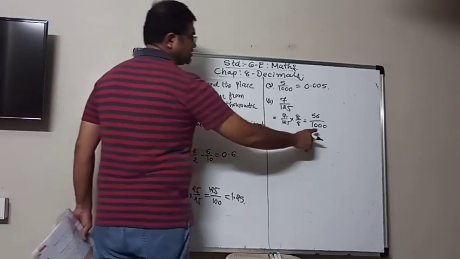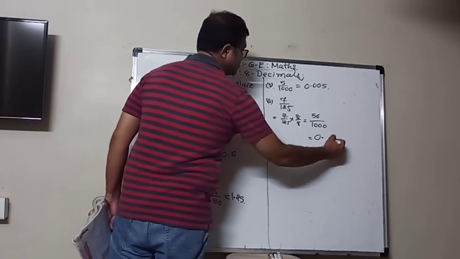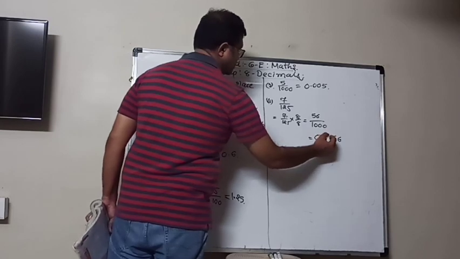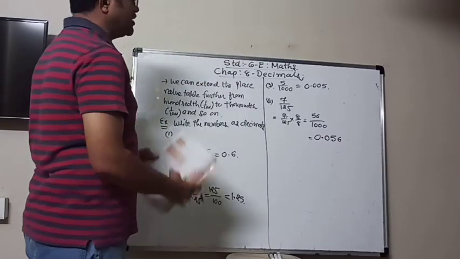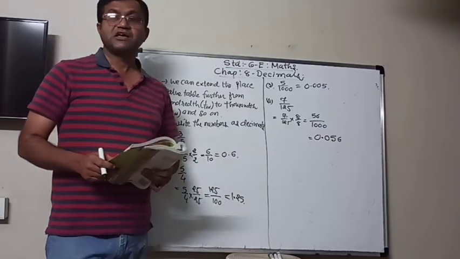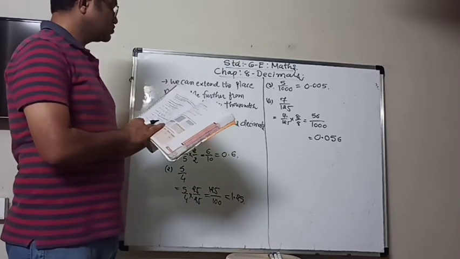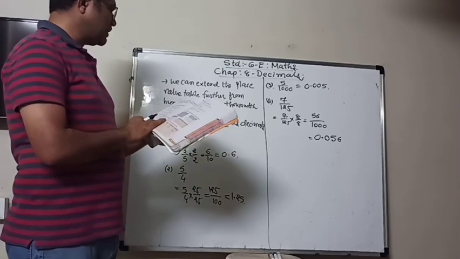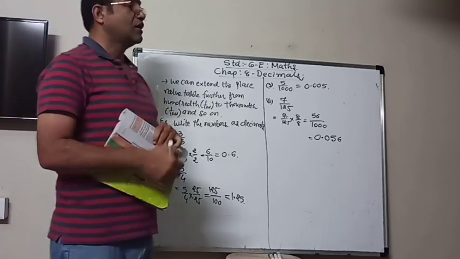Here 3 zeros means there must be 3 digits after the decimal, but we have only 2 digits, 6 and 5. To fill that place we write another 0, that is 0.056. By this way we can write them in decimal form.